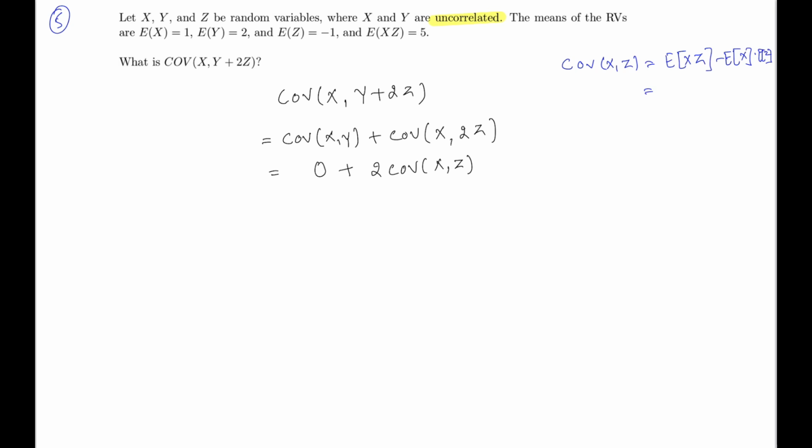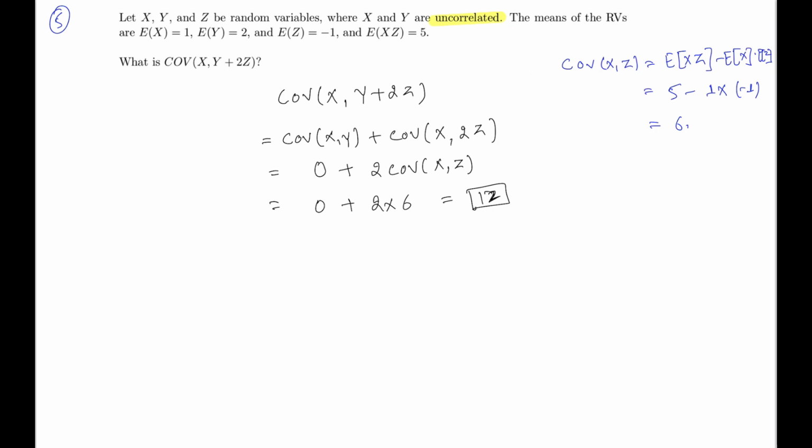So that would be 5 minus 1 times minus 1. Here we will get 5 plus 1, that is 6. Now we can put the value: 2 times the covariance of x and z, that is 6. So the ultimate answer is 12. So the correct answer for this question is 12.